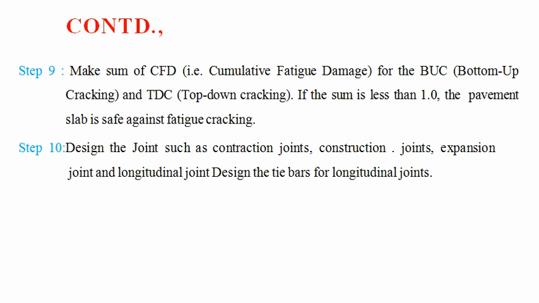If this sum is less than 1, then the pavement slab is safe against fatigue cracking. And lastly, design the joints such as contraction joint, construction joint, expansion joint and longitudinal joints, and then design the tie bars for the longitudinal joints.